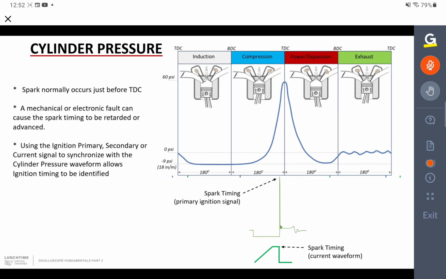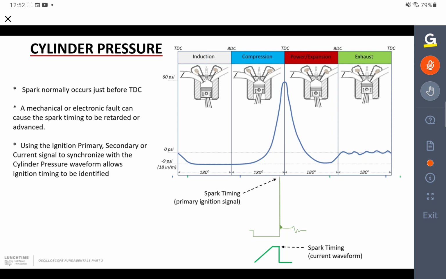And if we use the second channel on the scope, and most scopes have a second channel, and pick up a spark timing signal, now that could be the secondary waveform, primary waveform, or even the current waveform picking up off the ignition coil, we can then use that spark timing signal to synchronize the waveform of the spark against the cylinder pressure waveform.